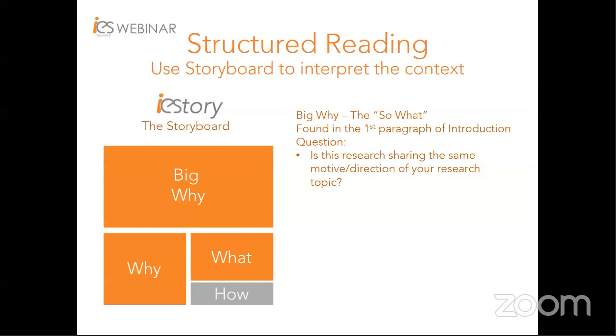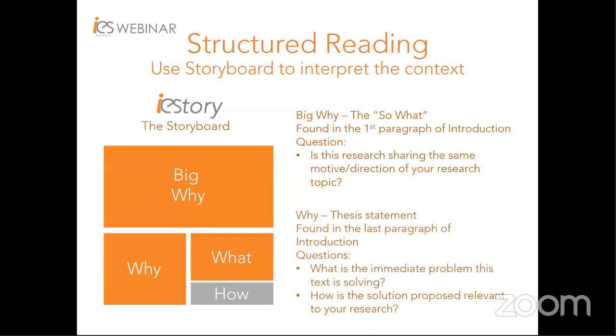Here are some questions that could be useful in your storyboard-based content interpretation. By looking at the first paragraph of the introduction, you could justify your research motive or direction, which is similar to the article, addressing the big why or the so what. Next, we move to the why.